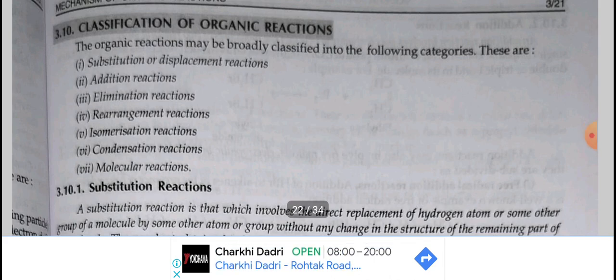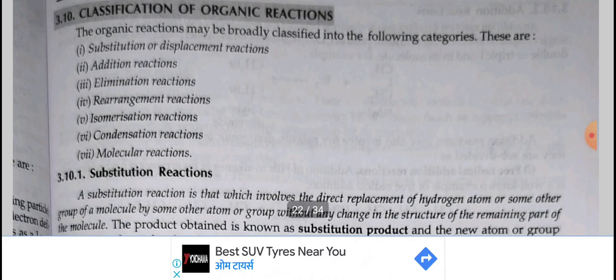The organic reactions may be broadly classified into the following categories: substitution or displacement reactions, addition reactions, elimination reactions, rearrangement reactions, isomerism reactions, condensation reactions, molecular reactions.